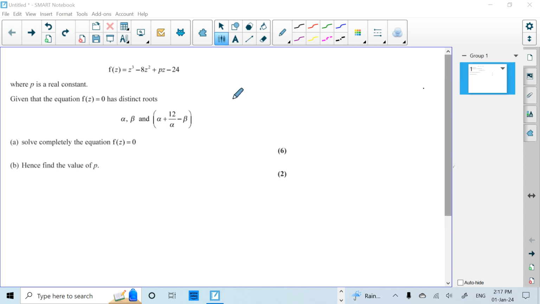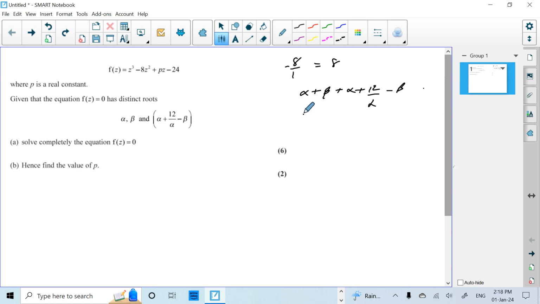So, if we can identify that this function has three roots, we can add all the roots together. If we do that, we're going to get minus minus 8 over 1, and I'll take the positive, so that's just equal to 8. So if I add up everything, alpha plus beta plus alpha plus 12 over alpha, and minus beta, what do I get?